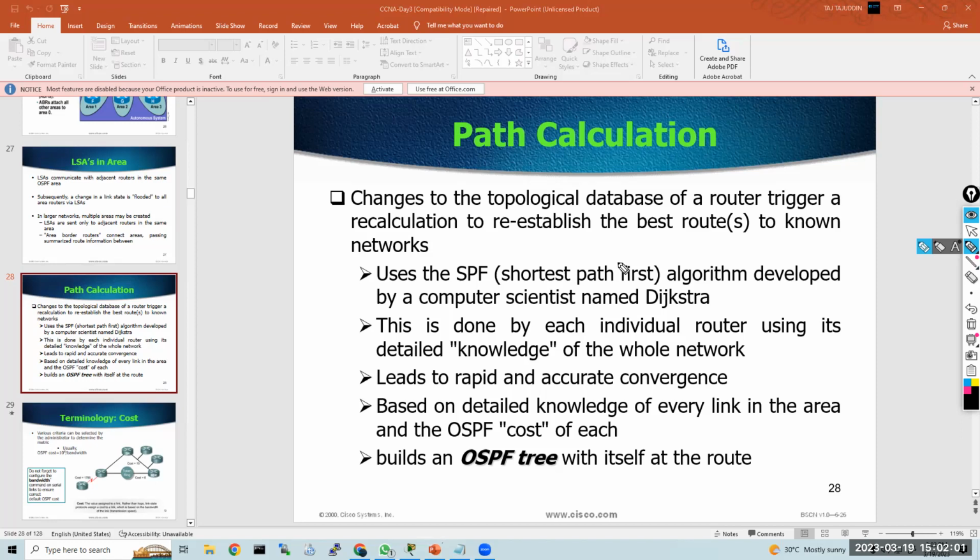The best path selection will depend upon your algorithm. Path selection is totally dependent on the algorithm, guys, that is Shortest Path First, by the computer scientist Dijkstra, known as the Dijkstra algorithm.